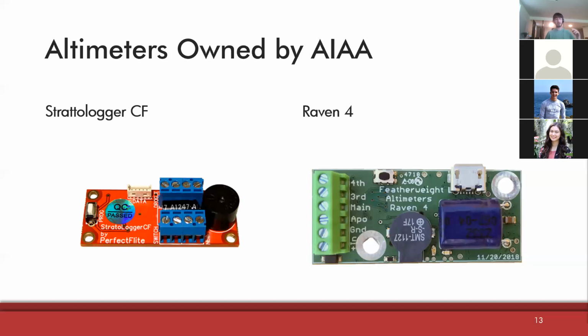So rather than just measuring pressure and indirectly altitude, using the accelerometer the Raven can get a better idea of the velocity of the rocket, which helps with detecting apogee and whatnot, and also helps when you're actually flying at transonic speeds, since when you get to transonic speeds, I don't know how many of you have already taken aerodynamics, but there's a lot of weird stuff that goes on with the pressure.